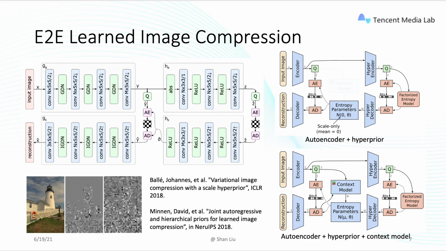Then H synthesis transforms the quantized Z, or Z hat, and outputs sigma, which has the same dimension as Y or Y hat. Although the hyperprior Z takes some bits to compress, Y can be more efficiently compressed with the help from Z, and thus the overall compression could be more efficient.